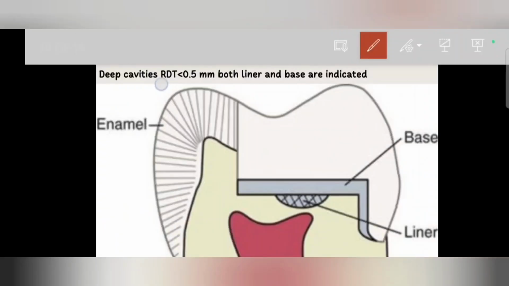In a deep cavity, where remaining dentin thickness is less than 0.5 mm, we will use both liner and base.